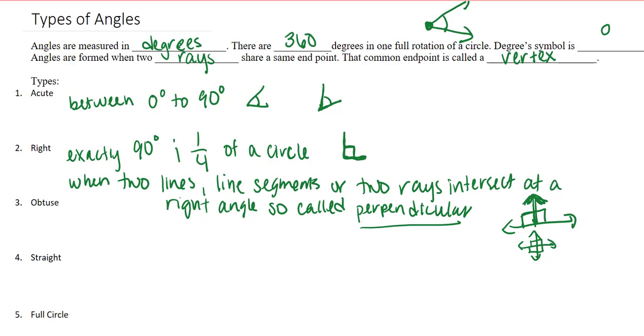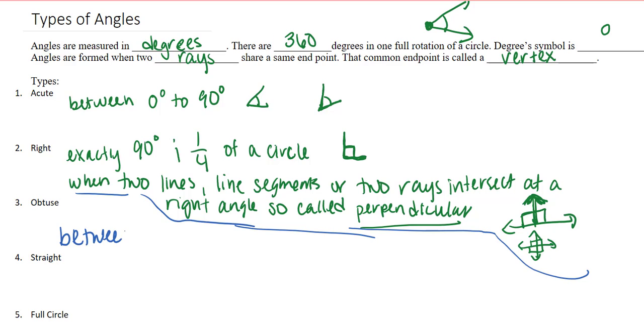Now let's look at obtuse. An obtuse angle is between 90 and 180 degrees. So this is a bigger angle.